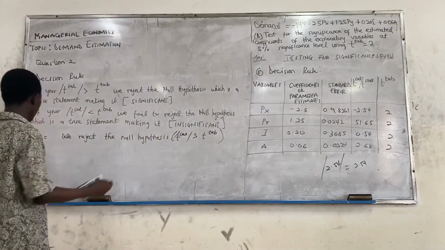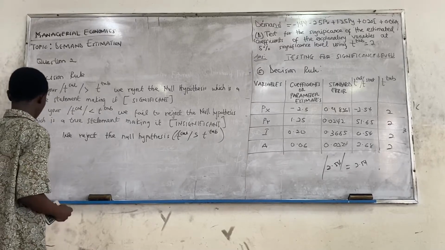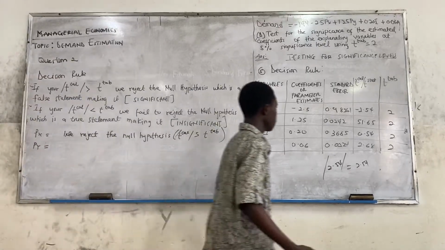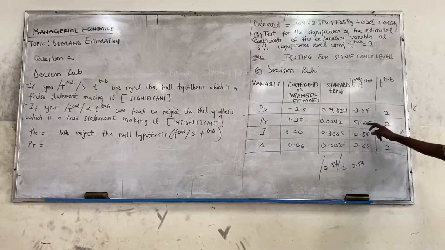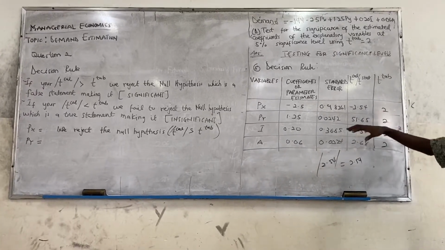So the next one, Py. We have 51.65 is greater than 2. So this side we reject the null hypothesis.